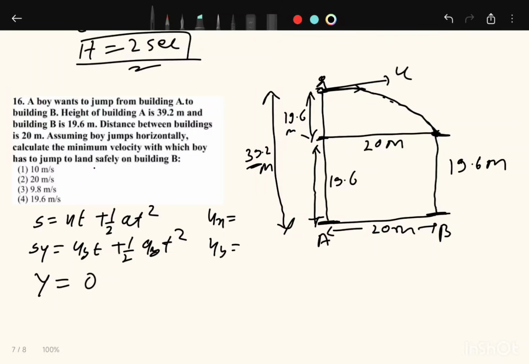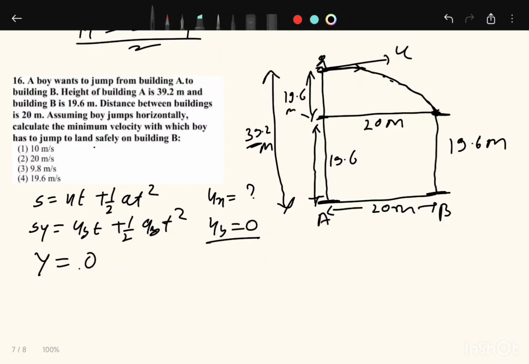So uy is 0, so this term will become 0 plus ay will be what? It will be g and t square. We are taking the downward direction as positive, right?